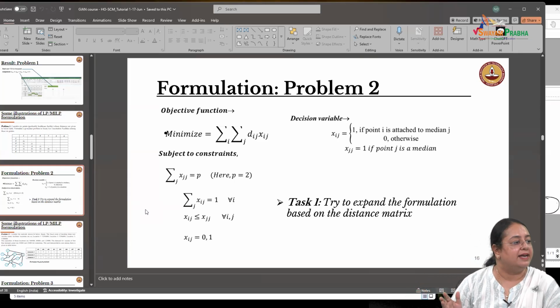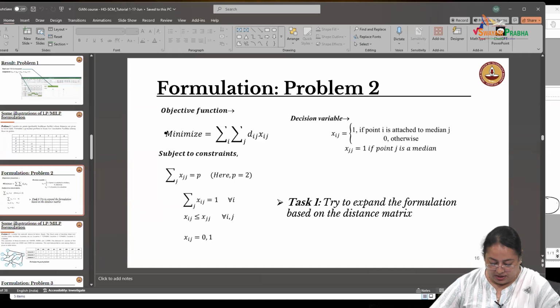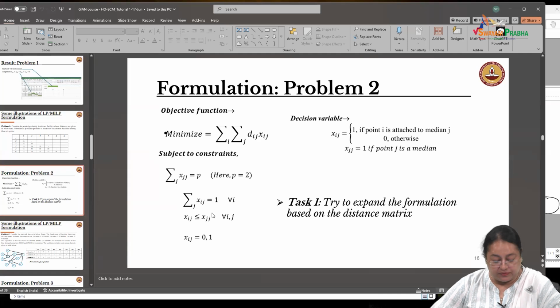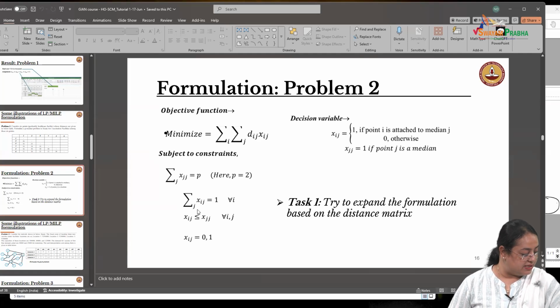If it is not connected, it would be 0. And we have defined xjj. If xjj is equal to 1, that means that is a median point. That is our node point. Now what else do we need? We need xij is equal to 1.